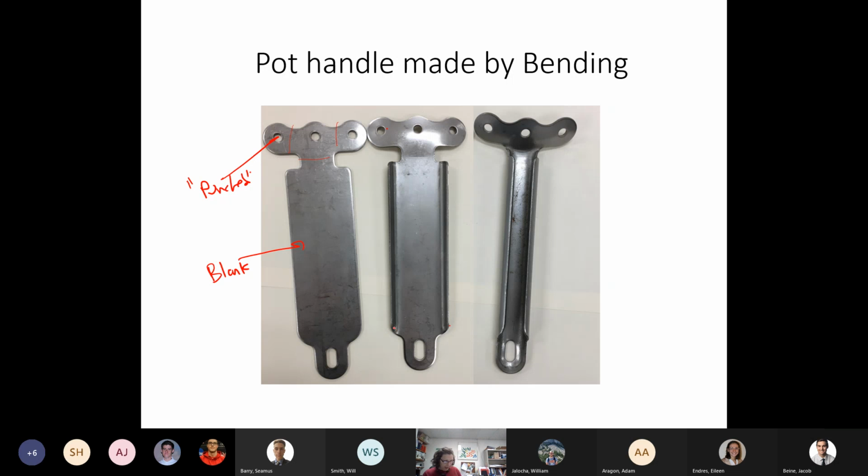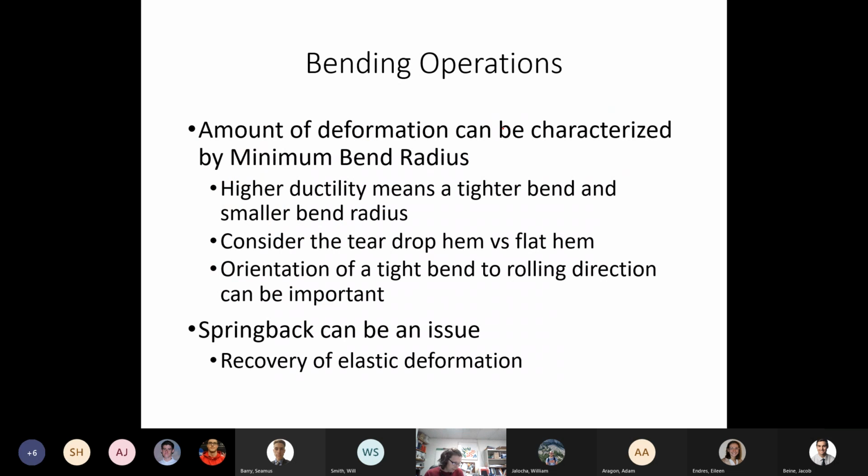So again, when you look at parts, even though there are multiple directions of their shapes, each one of these was made by deforming around a single axis. So the amount of deformation that we can do is characterized by the minimum bend radius.